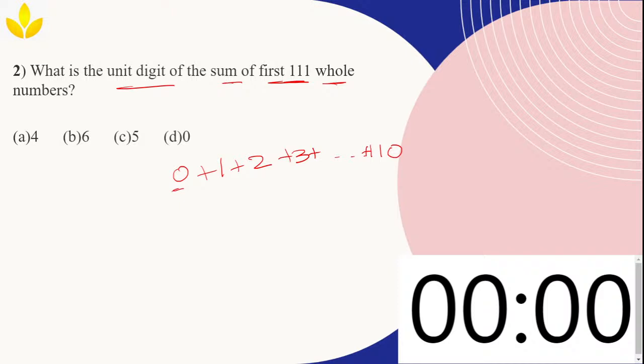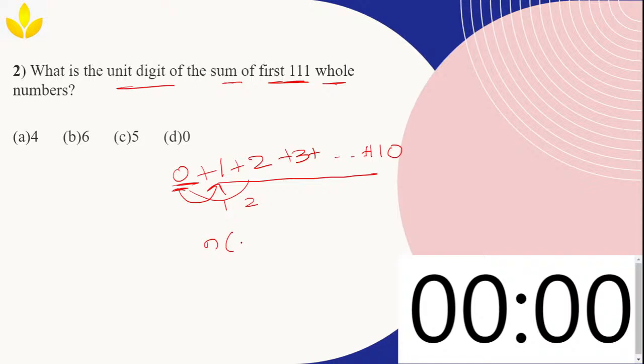If you start adding all these, it looks difficult, but you learned AP in your school time, right? Use it. Now, before that, 0 plus 1 will give you 1. 0 plus 2 will give you 2. So, with 0, you add any number, you will get that number itself as your answer. So, what you do is, leave this 0 and take the formula which you have used for AP to find the sum of first n natural numbers.